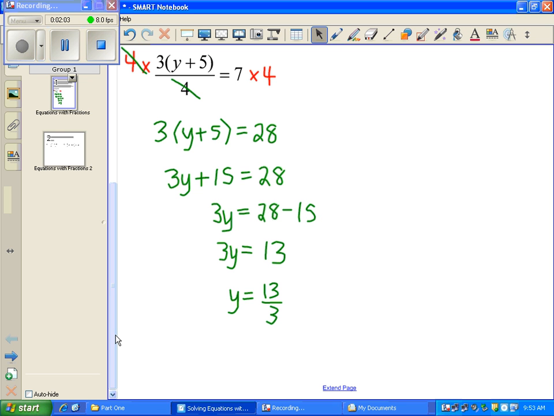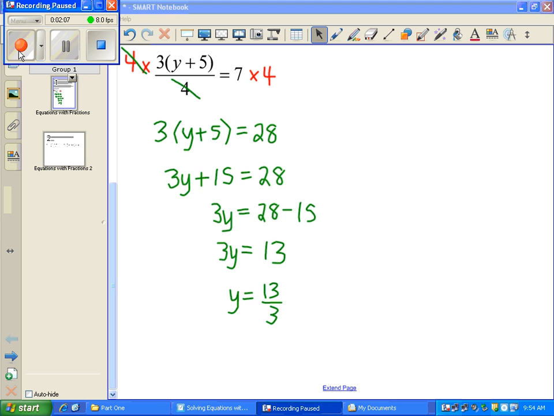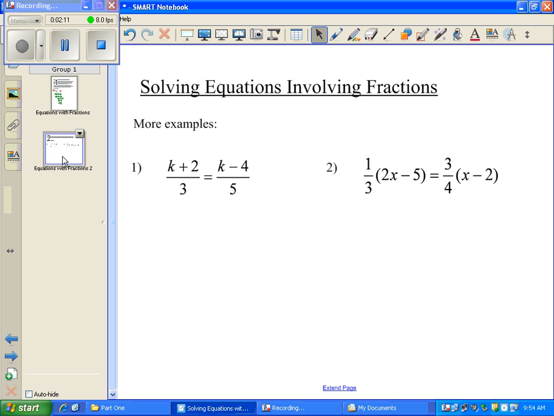Sometimes your answer will be a fraction, sometimes your answer will be a whole number. So let's move on to the other examples. So the one on the left, when you look at both sides of the equation, you have a fraction on the left-hand side with a denominator of 3, and a fraction on the right-hand side with a denominator of 5.